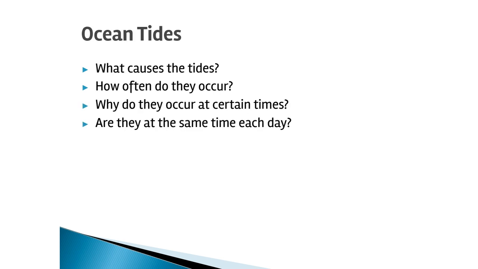So what causes the tides, and hopefully you're aware of this, the moon causes the tide on the Earth, allowing the waters of the Earth to move. The high tide occurs 2 times per day, and the low tide occurs 2 times per day. Why do they occur at certain times?